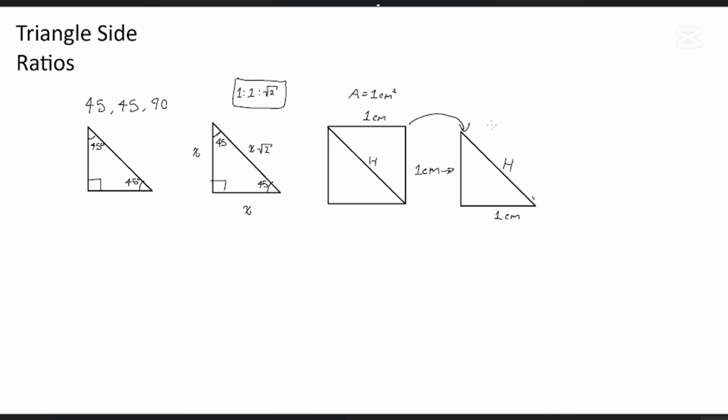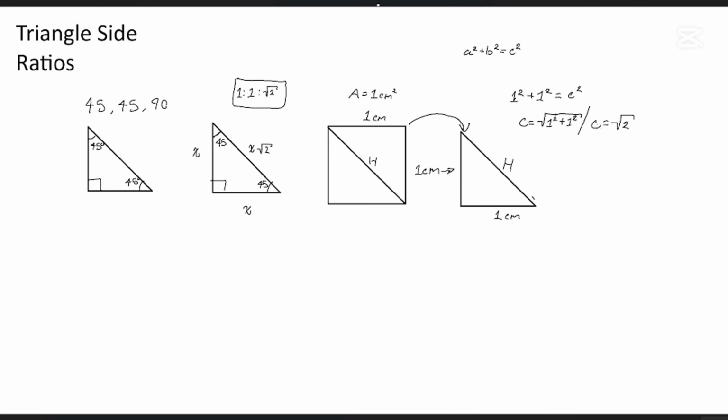If you were to use the Pythagorean theorem, which, remember, is a squared plus b squared is equal to c squared, on this, you would get 1 squared plus 1 squared is equal to c squared. Another way of writing this, if you were to solve for c, is c is equal to the square root of 1 squared plus 1 squared, which is just saying c is equal to the square root of 2.